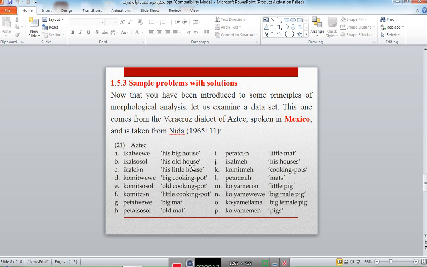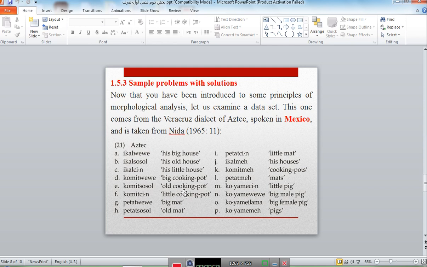Examining the forms carefully, we find that they all contain the piece ikal but have nothing else in common. We deduce from this that ikal means his house. So we include a hyphen after ikal since it never appears on its own. So this is, for example, the first morpheme. We can divide it and guess the meaning of it based on the English translation.